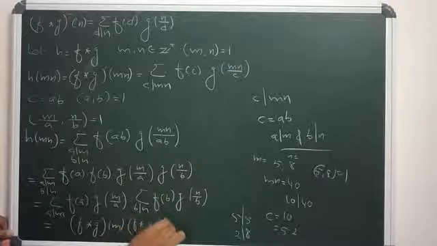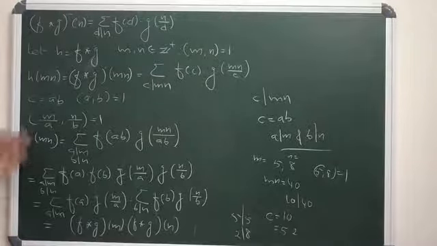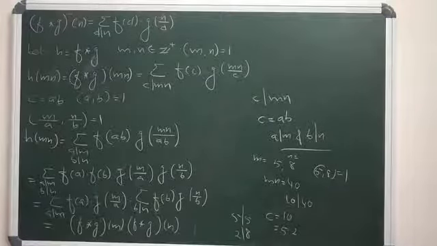So finally, f star g of mn is f star g of m into f star g of n, that is h of m into h of n. Then this Dirichlet convolution is a multiplicative function. So the Dirichlet product of two multiplicative functions is always multiplicative. That is, if f and g are multiplicative, then f star g is also multiplicative.